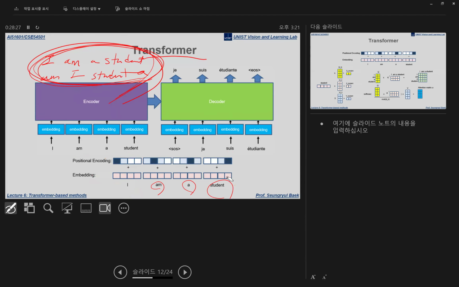And then they add this positional encoding vector to the original word embedding vector, and then input it into this transformer's encoder. Okay, and that is also the same for the decoder part.